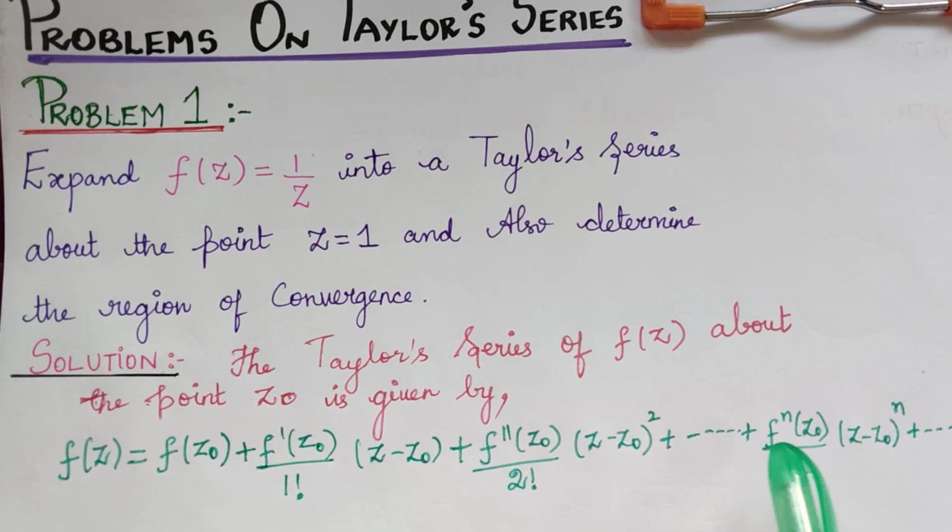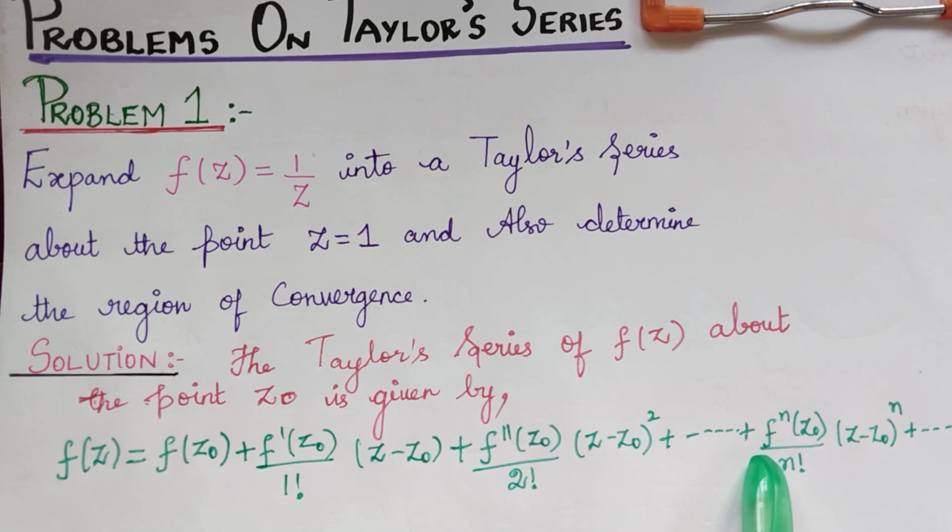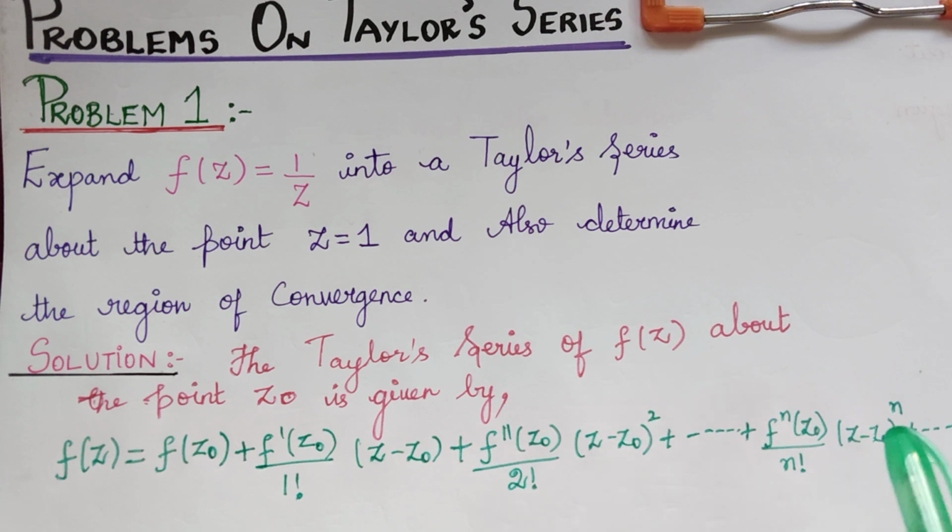And the general term will be f n of z naught, that is the nth derivative of the function f, divided by n factorial multiplied with z minus z naught the whole power n, plus etc. So this is the Taylor series expansion.